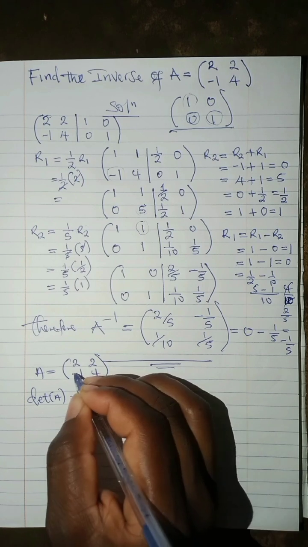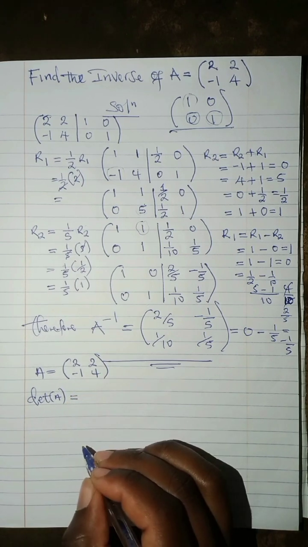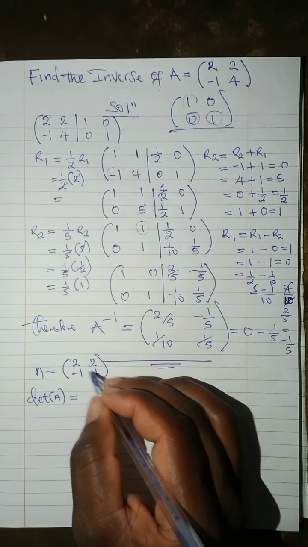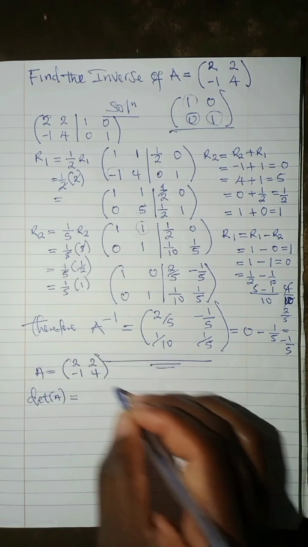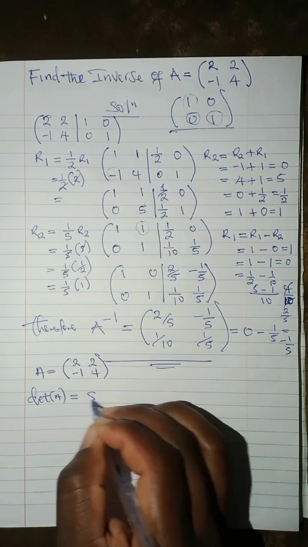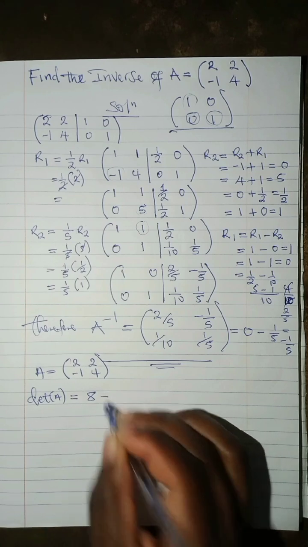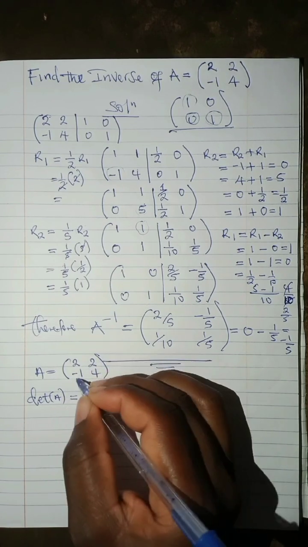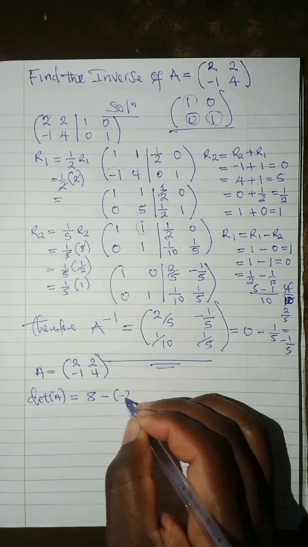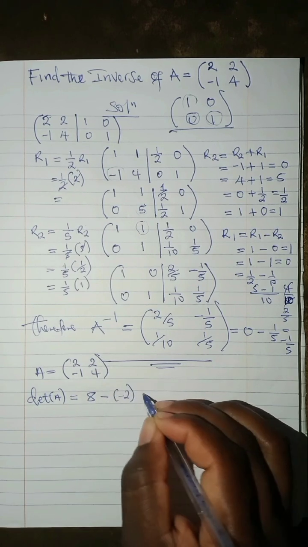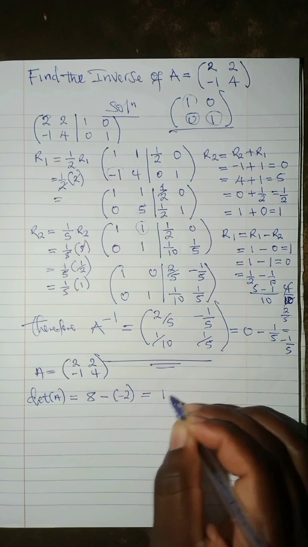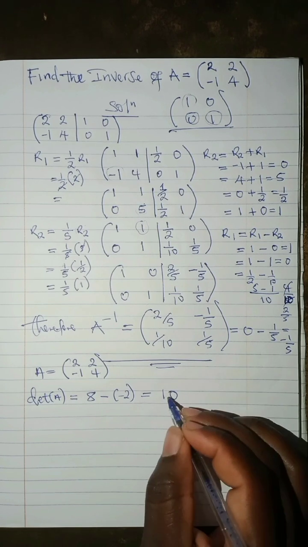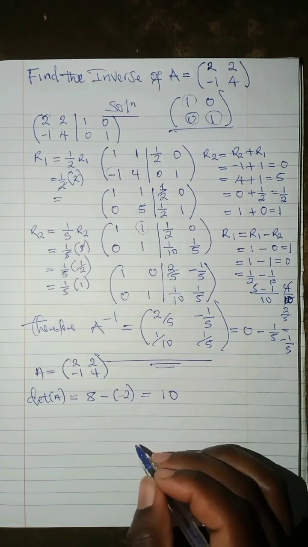What are we going to do? We multiply what's in the major diagonal. So it will be 2 times 4, which is 8. Minus, then multiply what is in the minor diagonal, which will be -1 times 2, which will be -2. When we simplify this, we are going to have 10. So this means that our determinant is 10.